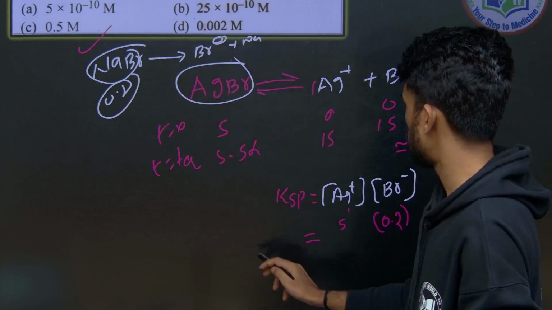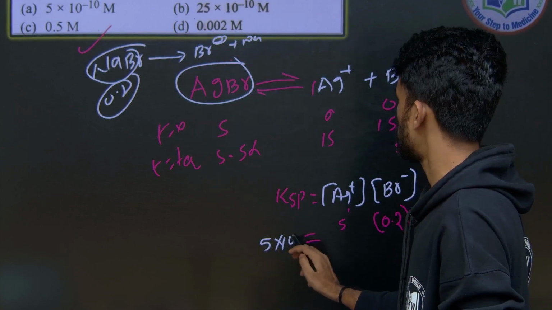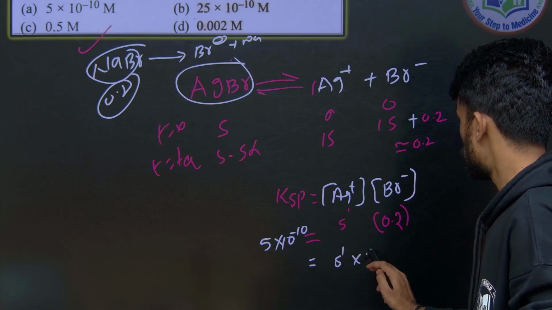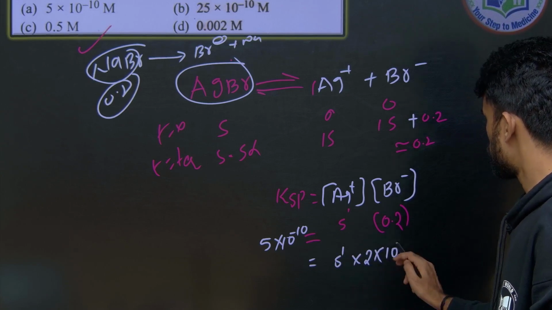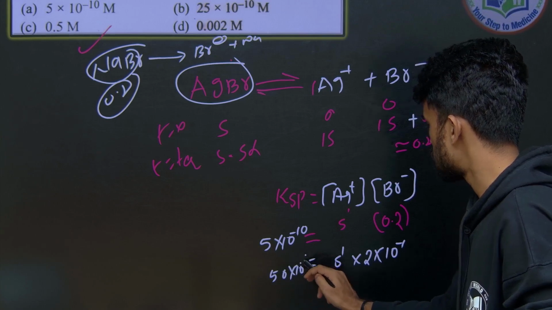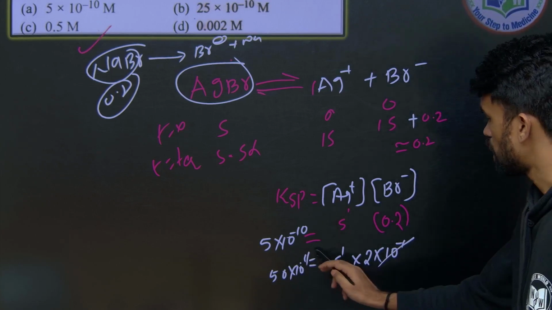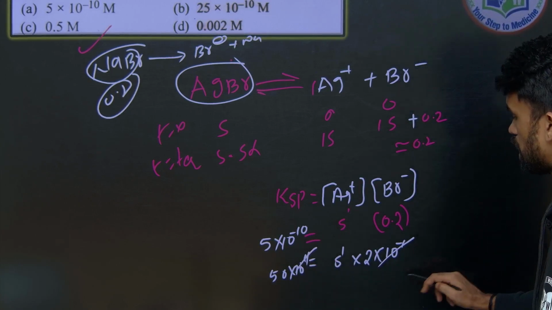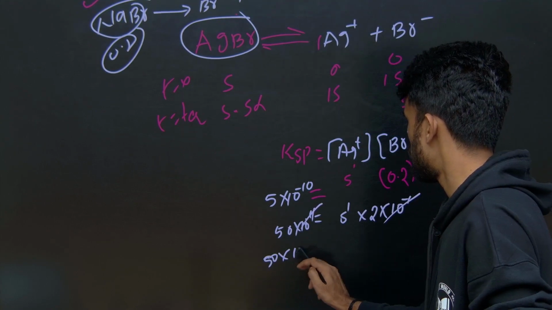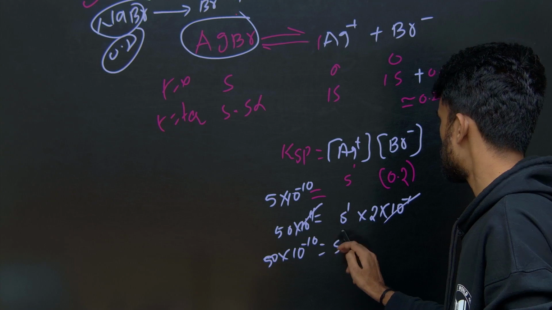So what is its solubility product? 5 into 10 power minus 10. So I can write S dash equals 2 into 10 power minus 1, and this as 50 into 10 power minus 11. This minus 1 and this minus 11, I am writing as minus 10 itself. So 50 into 10 power minus 10 equals S dash into 2.